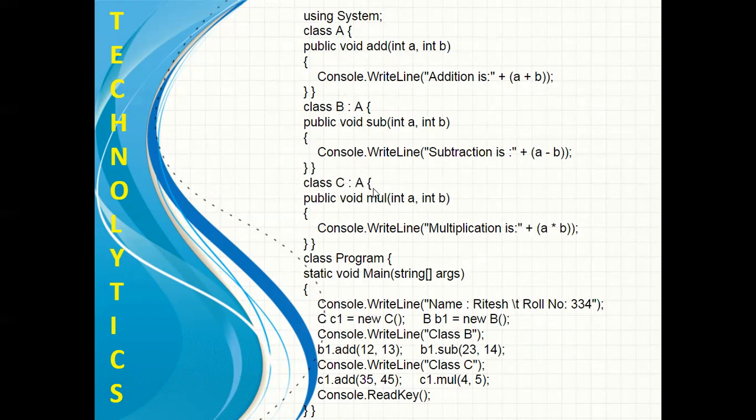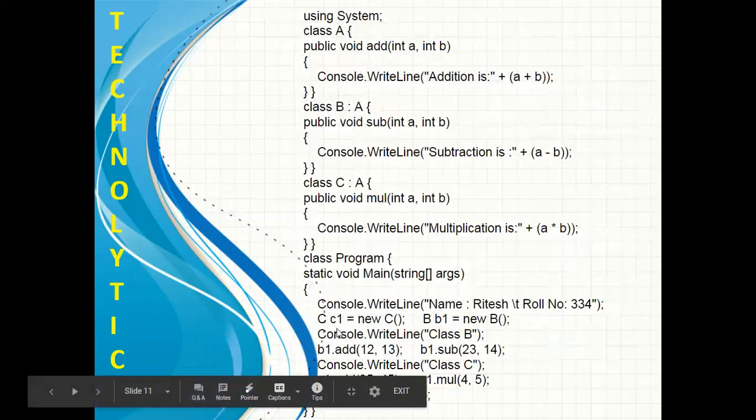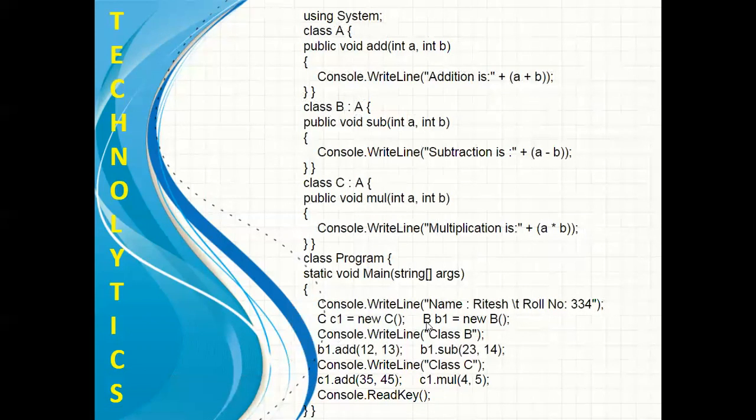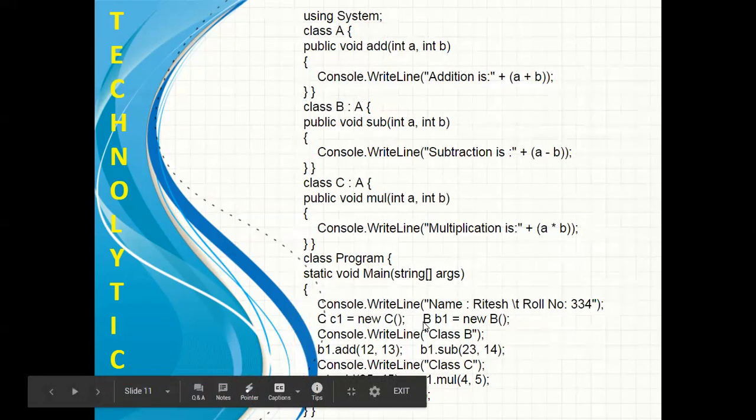Inside C, multiplication method is there, and this program class is there just to create one main method. Here author's details are there, and we have created two objects, one object of class C and one object of class B. These two objects we created because using only one object you will not be able to call all the methods. So here we created two different objects of class C and class B.